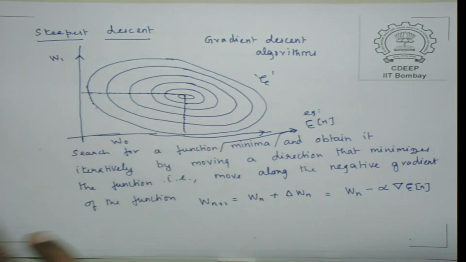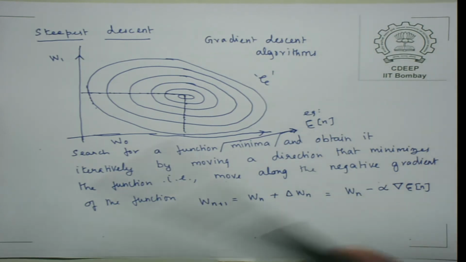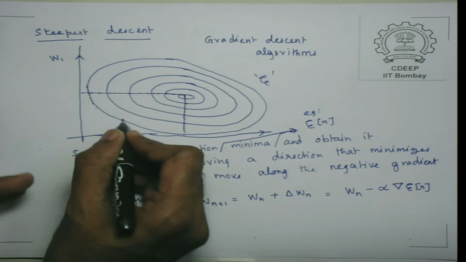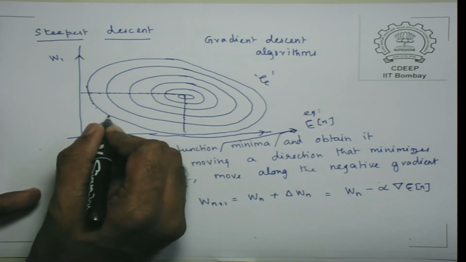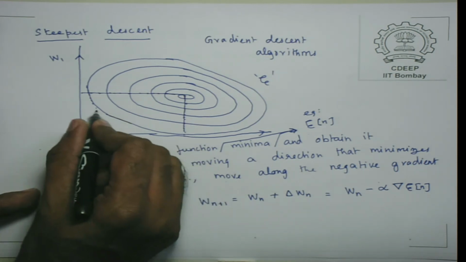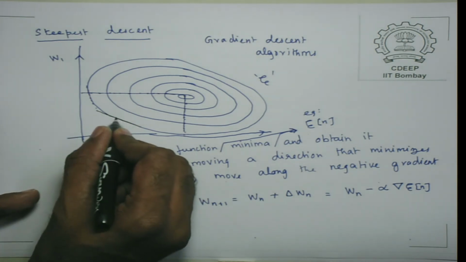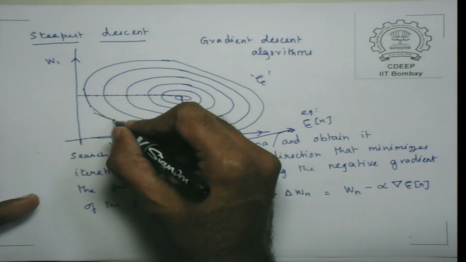Now, rather than applying this directly with statistics for Rx and Rdx, what steepest descent tries to do is start from some point, let's say this point here. You move in a direction.